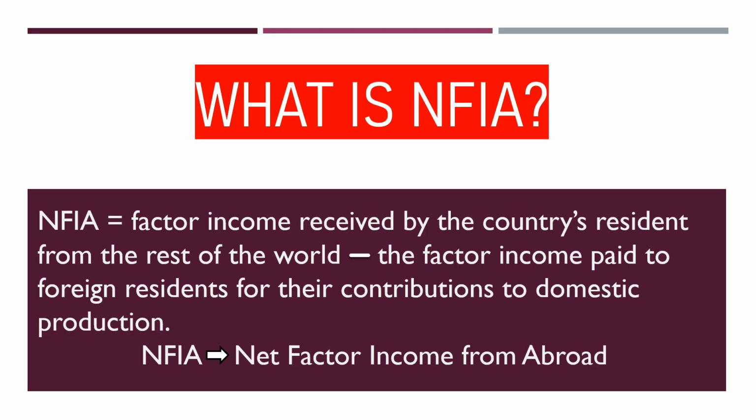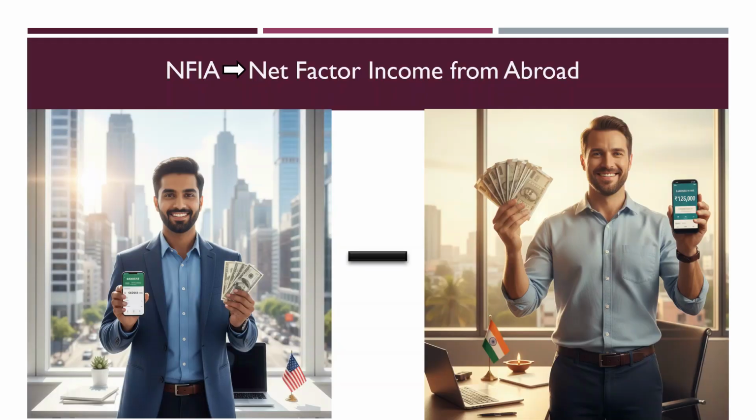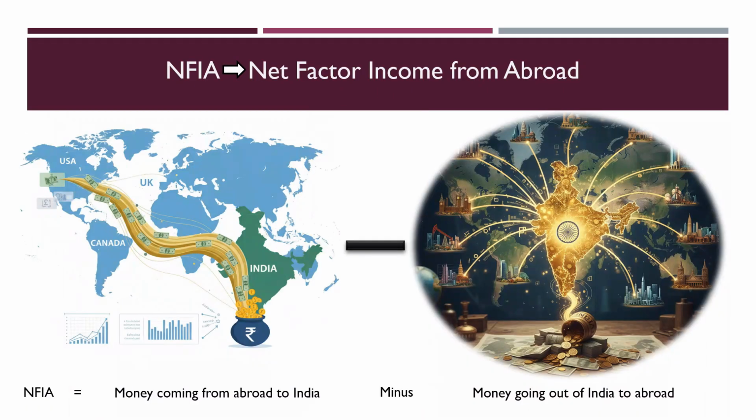So here you see NFIA, it is the factor income received by the country's residents from the rest of the world minus the factor income paid to foreign residents for their contribution to the domestic product. So NFIA is money coming from abroad to India minus money going out of India to abroad.